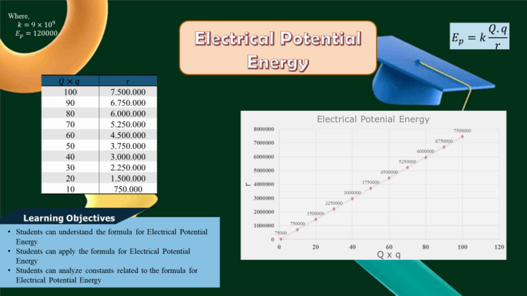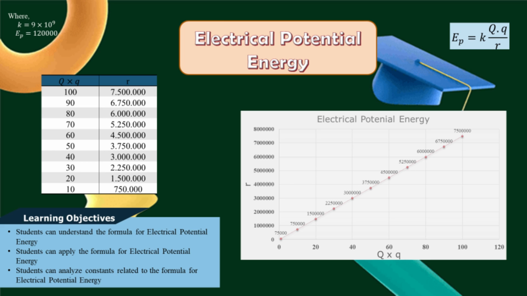7,500,000. If big Q times small q is equal to 90, R is equal to 6,750,000. And if big Q times small q is equal to 80, R is equal to 6 million.